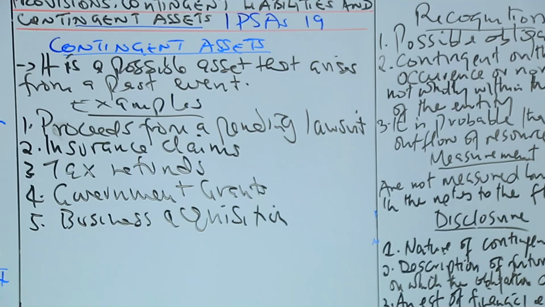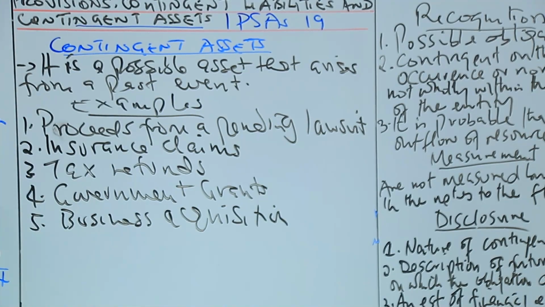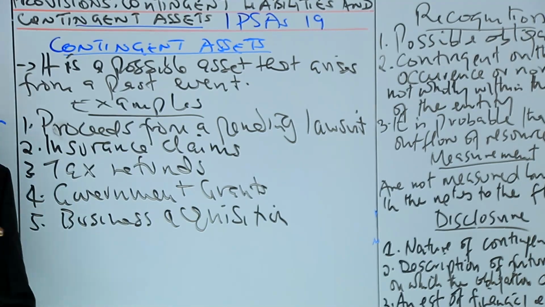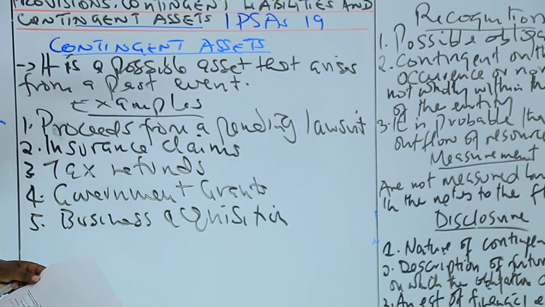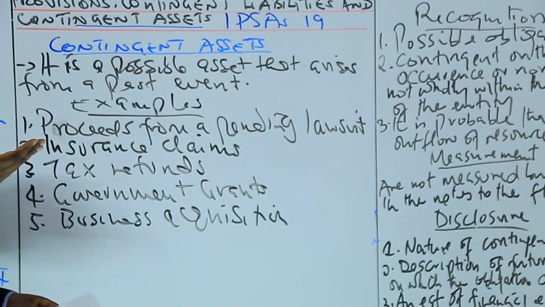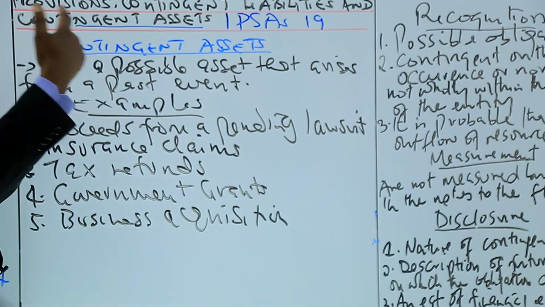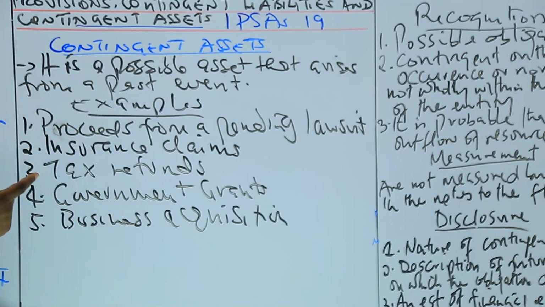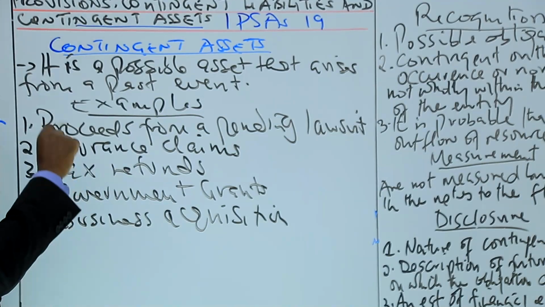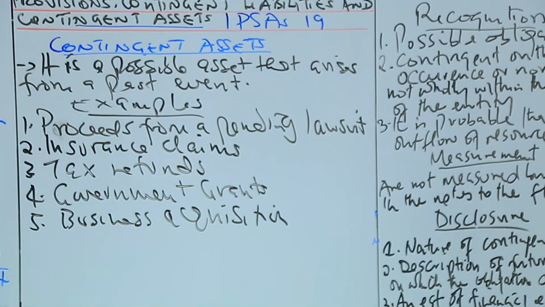We've defined a contingent asset as a possible asset that arises from past events, and whose existence will be confirmed only by the occurrence or non-occurrence of one or more uncertain future events not wholly within the control of the public sector entity. And we've given examples.